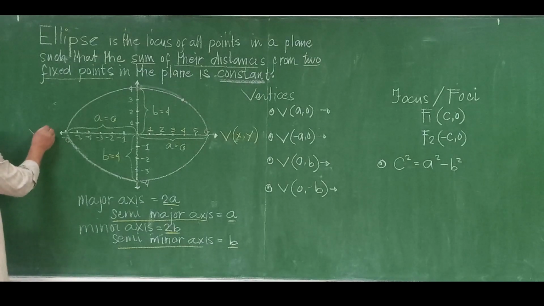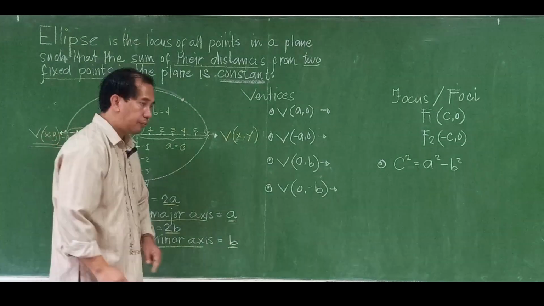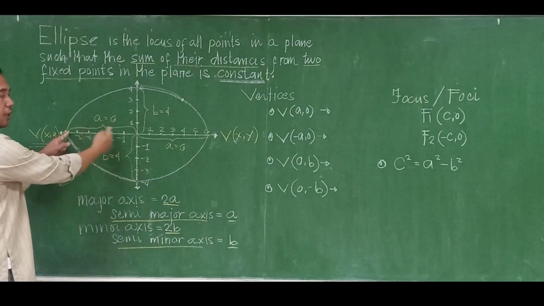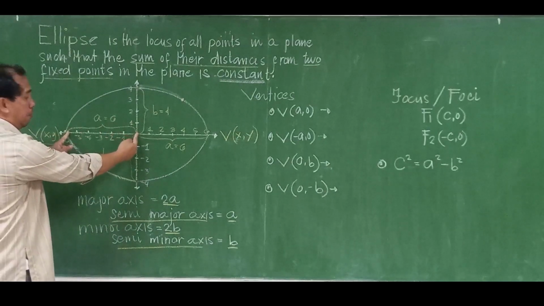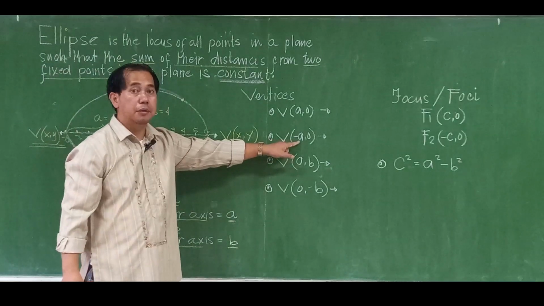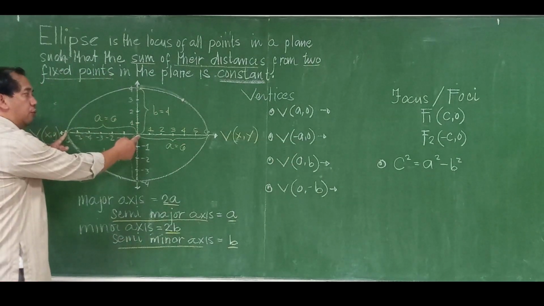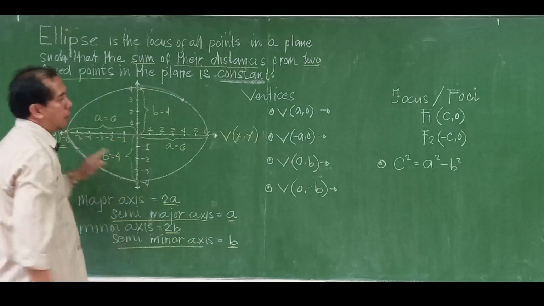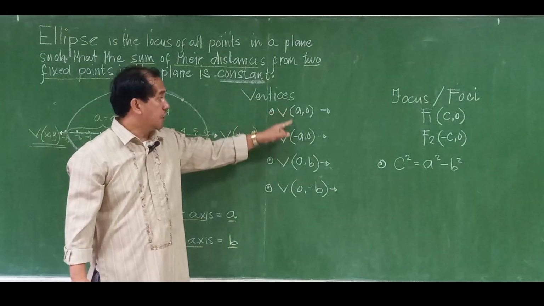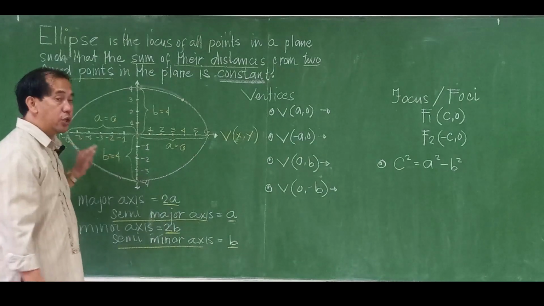It is still represented by x and y. You will notice our x here is -a, because it is at the left side of the point of origin. So that is the same as negative a. Now notice that this point corresponds horizontally to the point of origin, so my y is 0. Those are the vertices under the major axis.